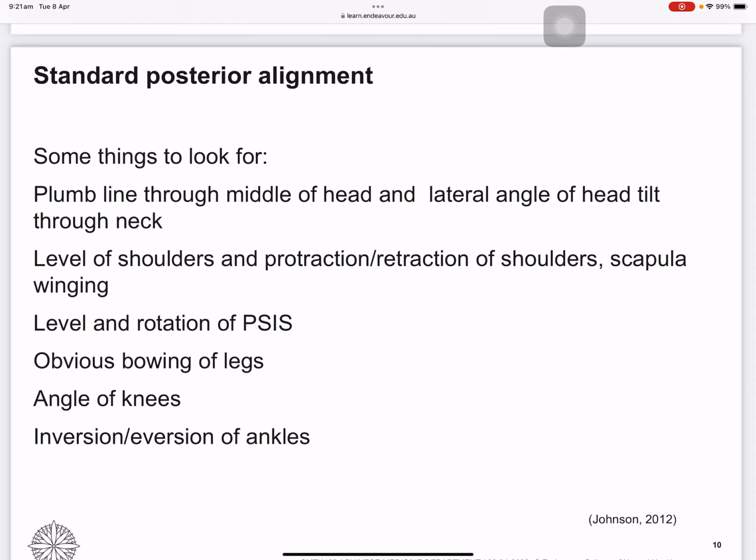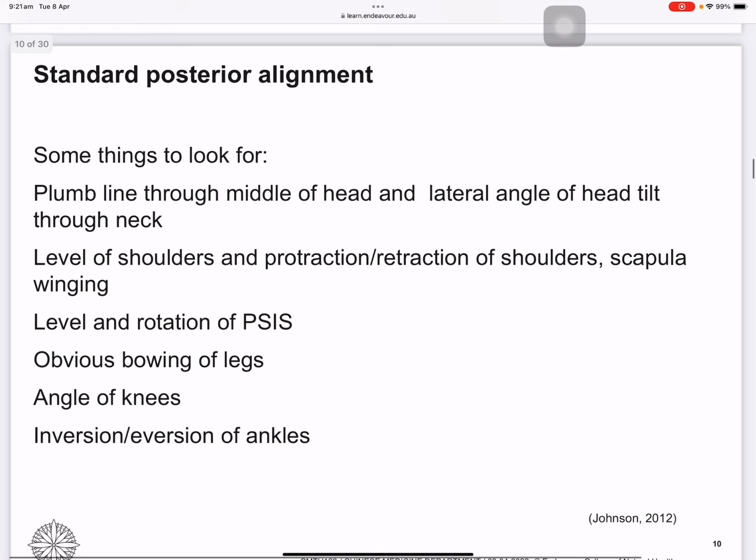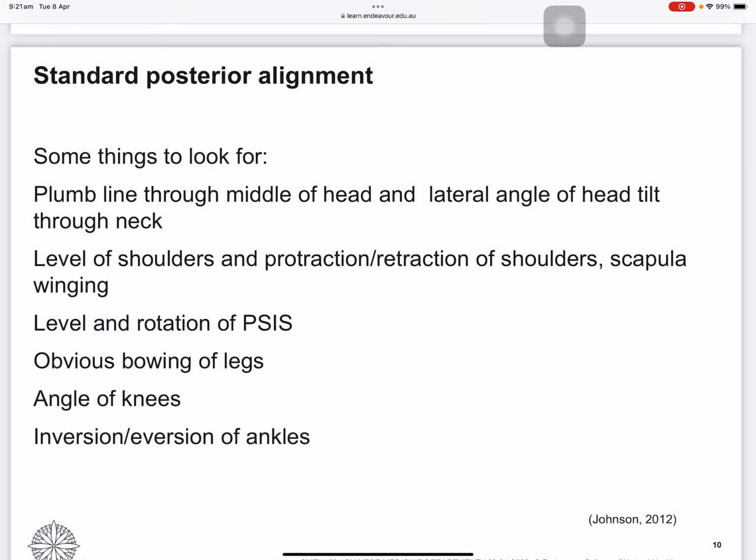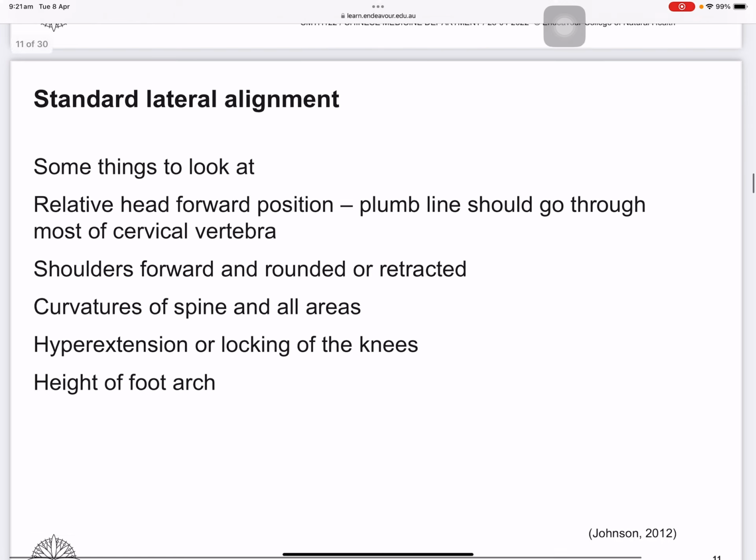And maybe we can also check the different angle of the knee, because when you rotate to your right side, the angle of your knees and also your ankles will change as well. So this is very simple and just for the rotation of the PSIS.